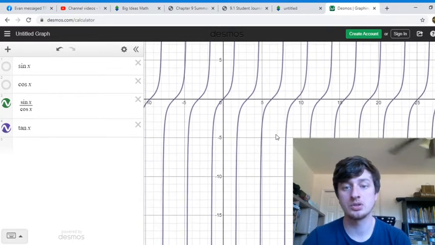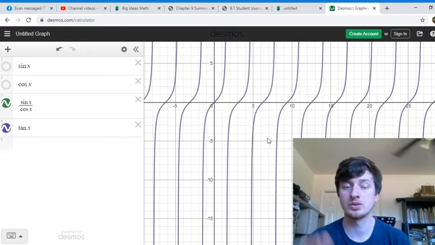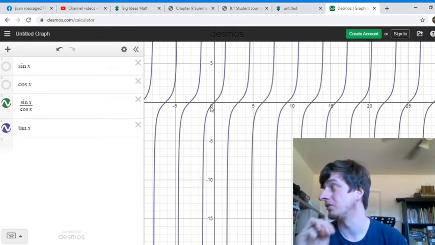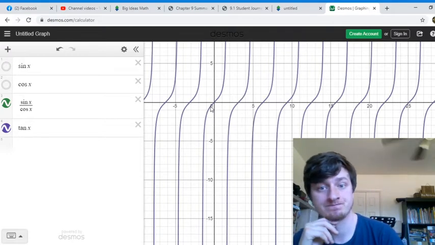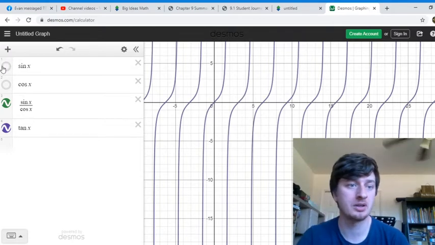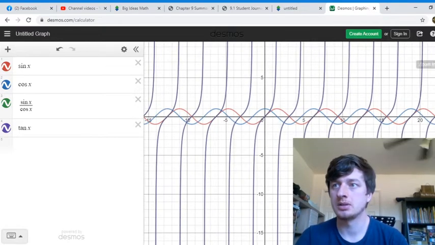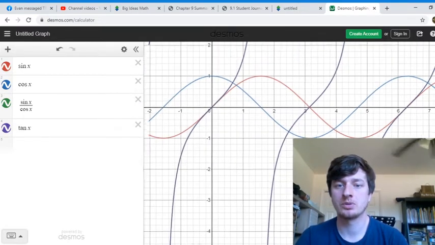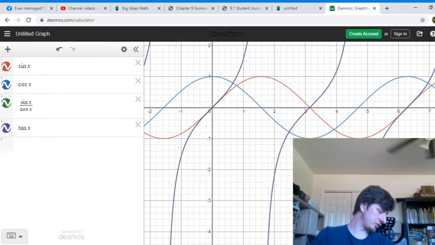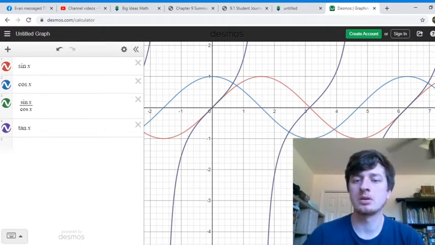And cosine is really just the sine function shifted over. So this is just the sine function divided by another form of the sine function. Okay, so our three together look like this. I'm not really going to graph all three of them at the same time. Those are the three. That's what they look like.